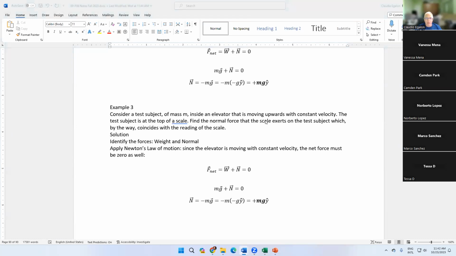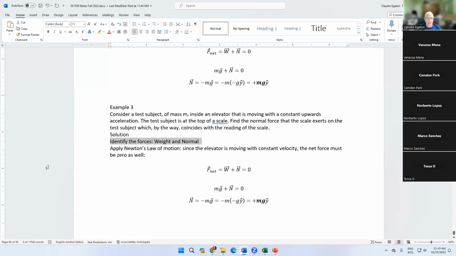The elevator is moving with a constant upward acceleration. The test subject is at the top. Find the normal force that the scale exerts on the test subject, which, by the way, coincides with the reading of the scale.